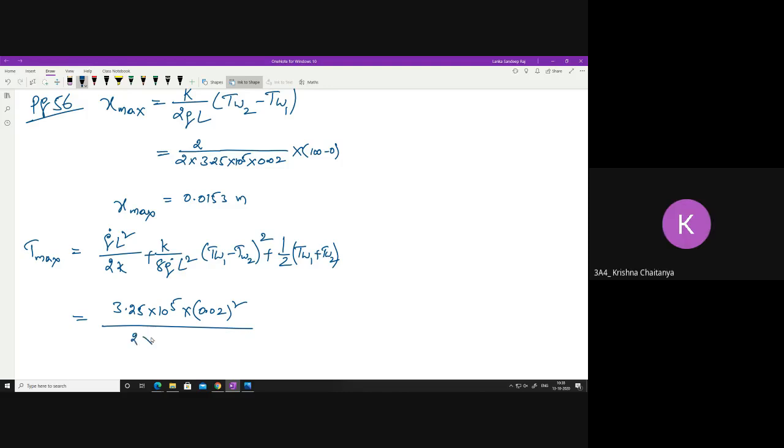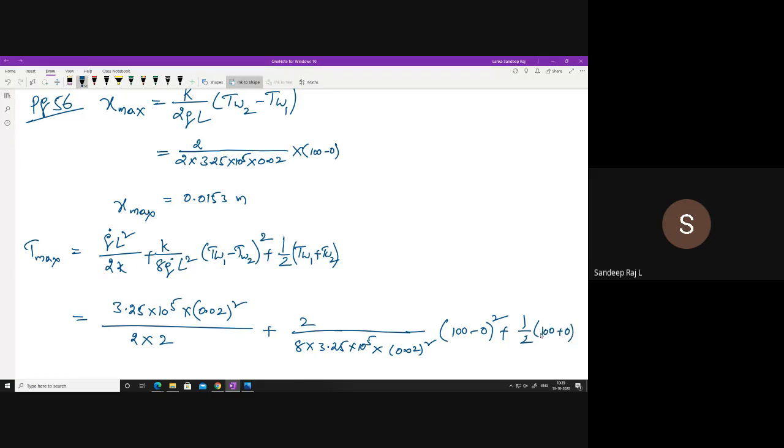The K value is 2, plus 2 by 8 into 3.25 into 10 to the power of 5 into 0.02 whole square into 100 minus 0 whole square plus half of 100 plus 0.